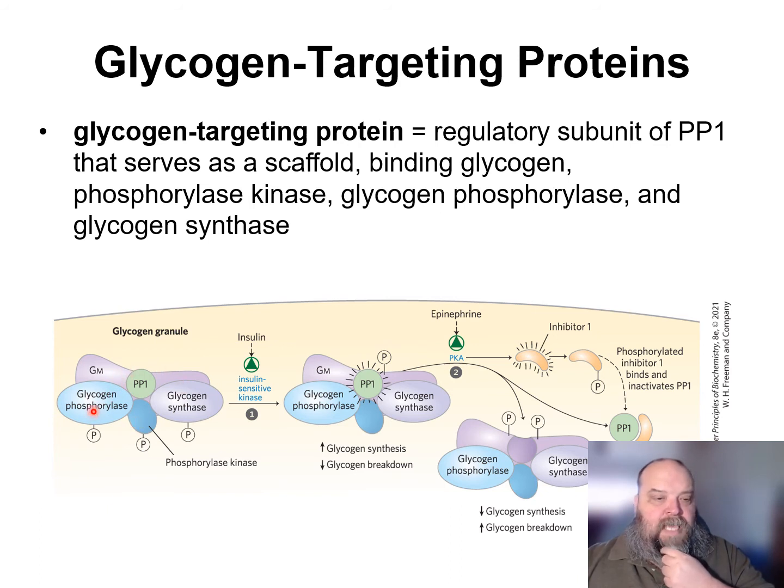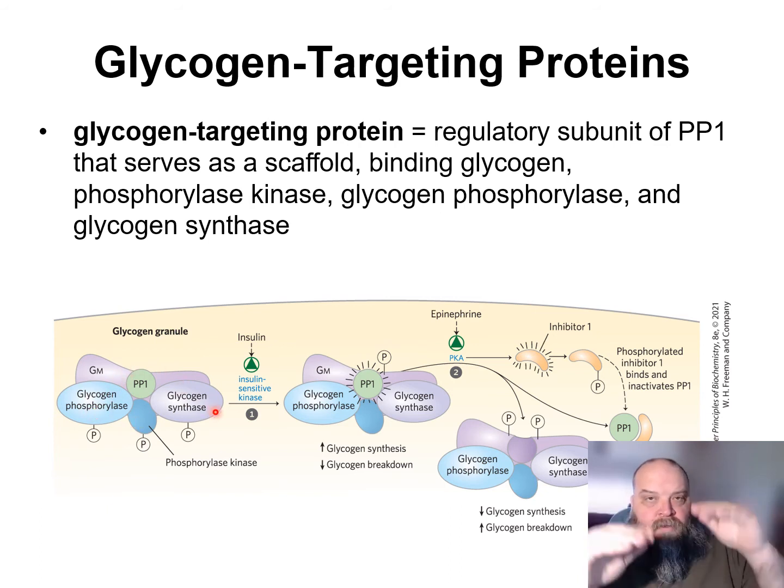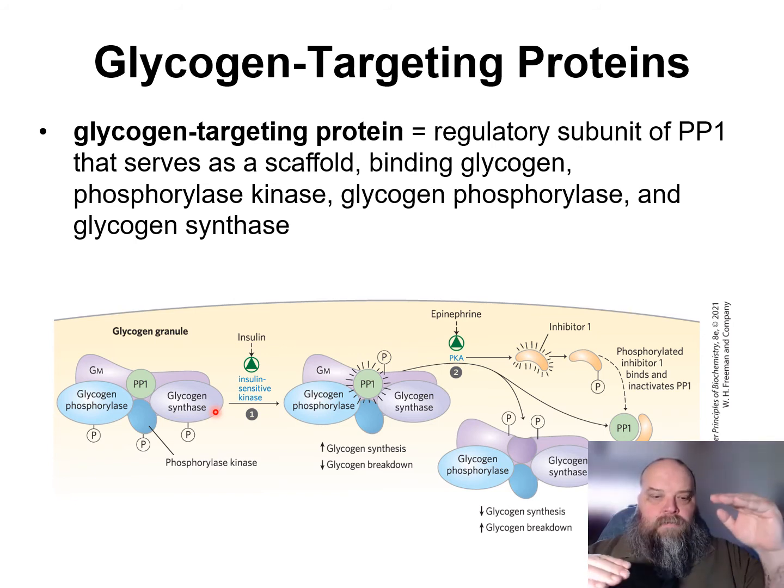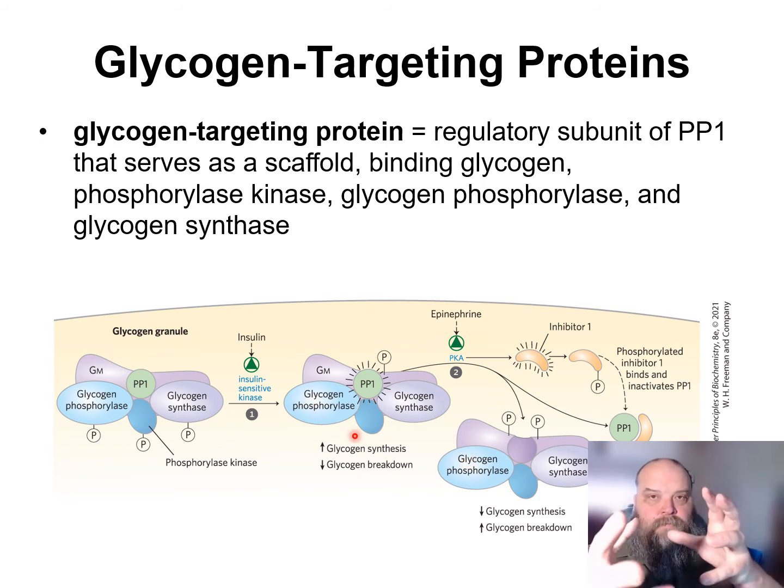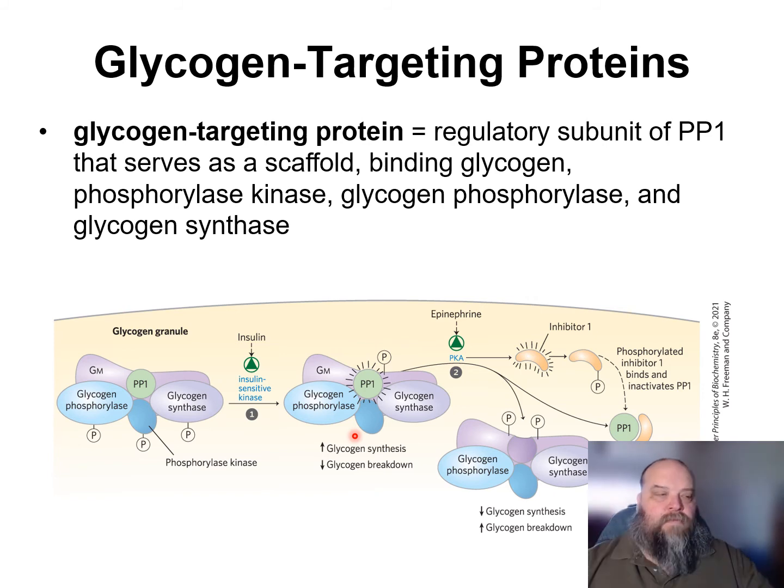If one of them is active, the other is inactive. They're right there next to each other. We see this balance occurring. Phosphorylase active, synthase inactive. Synthase active, phosphorylase inactive. Who's being phosphorylated, who's not? They all work together in tandem. Build up, break down, build up, break down, build up, break down.